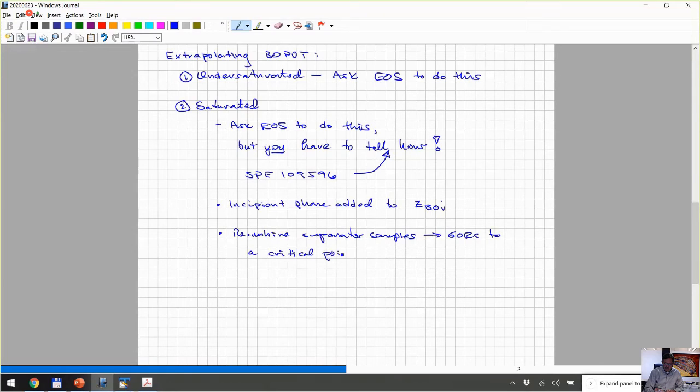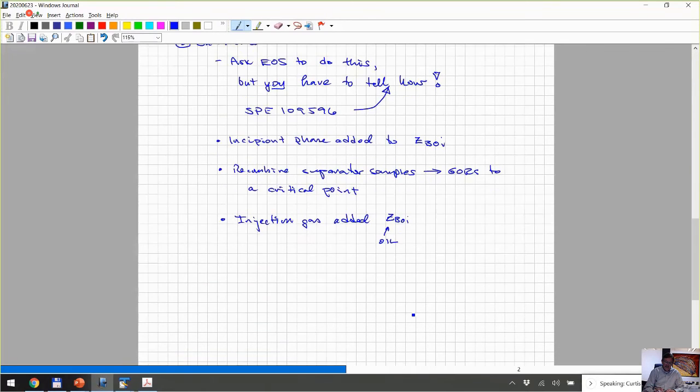It's another way. You can use an injection gas being added. This would typically be to your black oil if this is an oil. So if you're doing EOR type studies, you could extrapolate using the injection gas for a gas EOR project added to higher PSAT values, maybe out to a critical point.